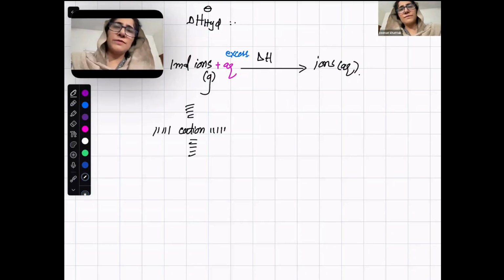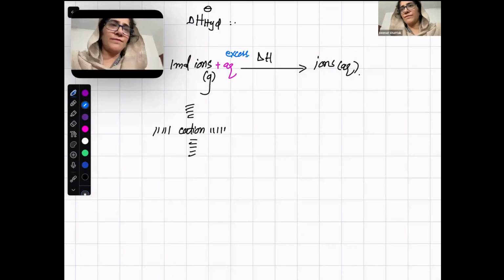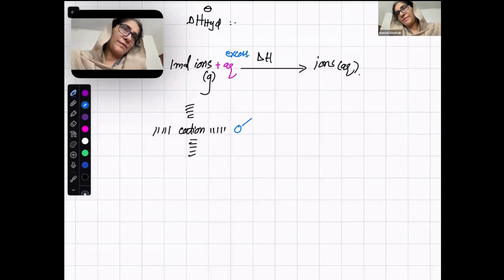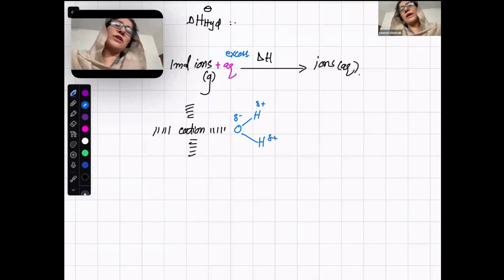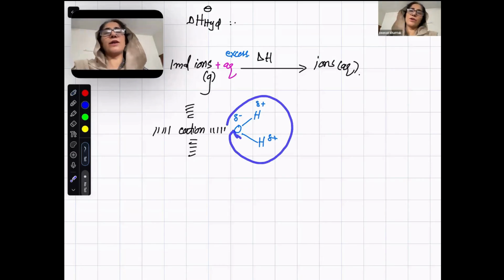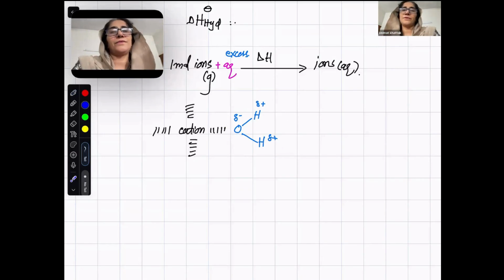by the O negative. You know, water is polar. This polar water has the ability to attract cation and to attract anion. Now, this is negatively charged. It's going to attract cation.